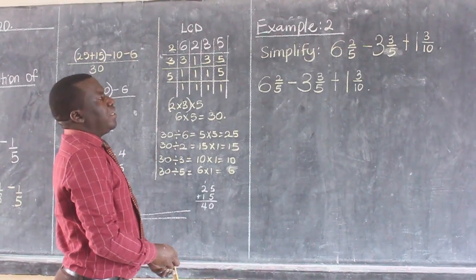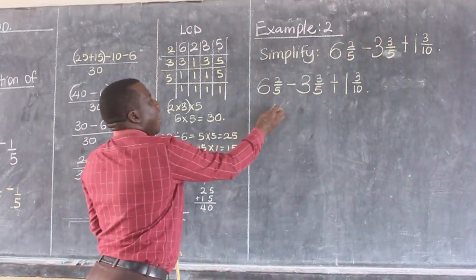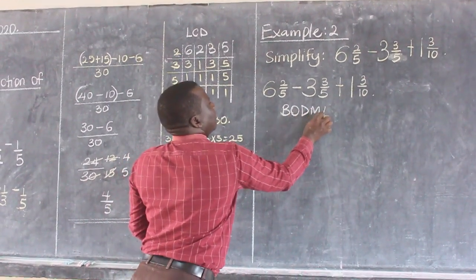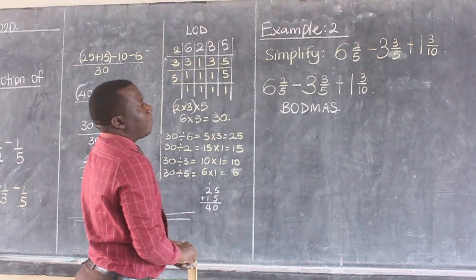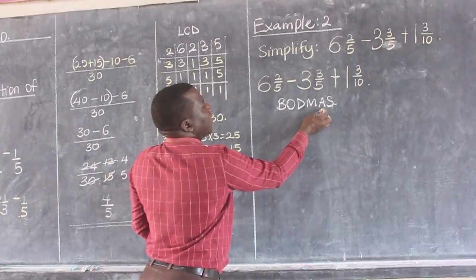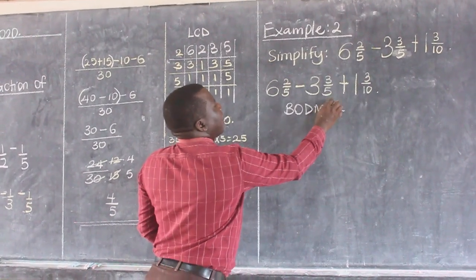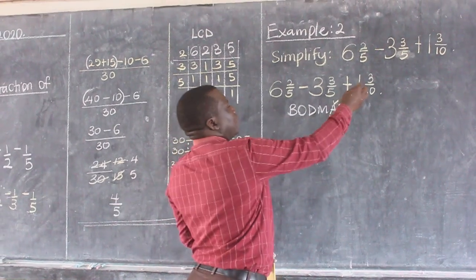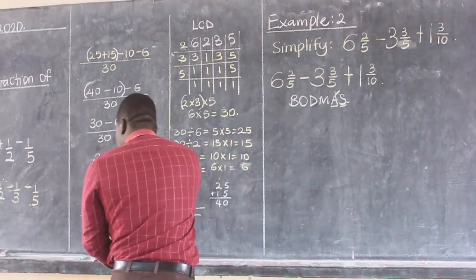So begin by arranging using BODMAS. Okay? So with subtraction and addition, which one comes first? It is addition. So first, identify each fraction with its sign.